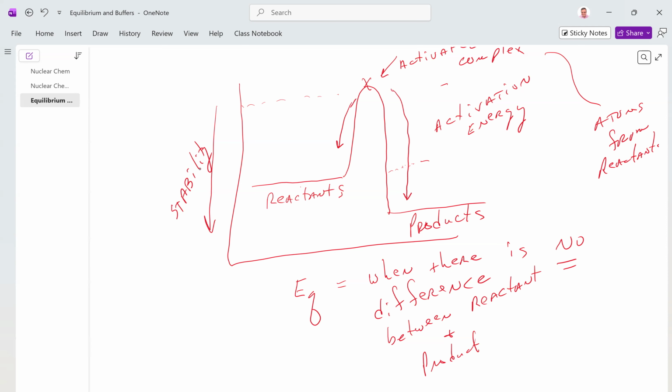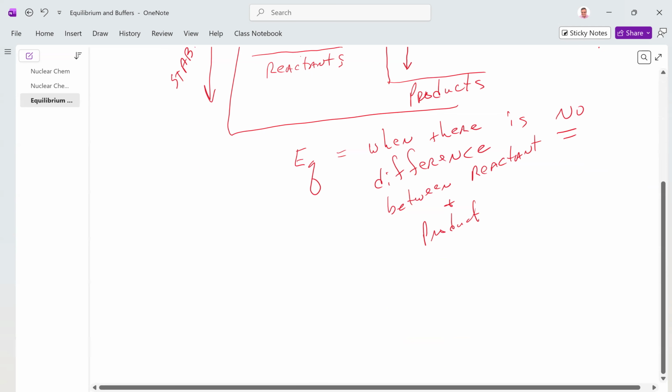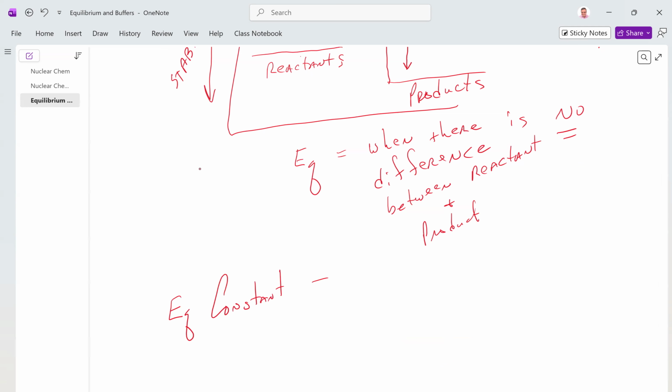Now, equilibrium, there is something called an equilibrium constant. And the equilibrium constant is when EQ has been reached, like up here, when there's no difference between the reactant and product amounts.